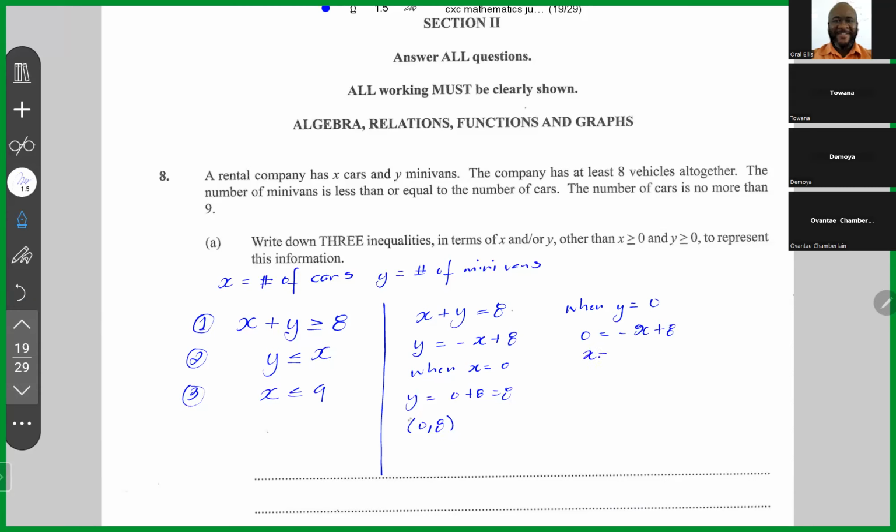So x would be equal to 8. So this is the point 8, 0. So we have both the x-intercept and the y-intercept.